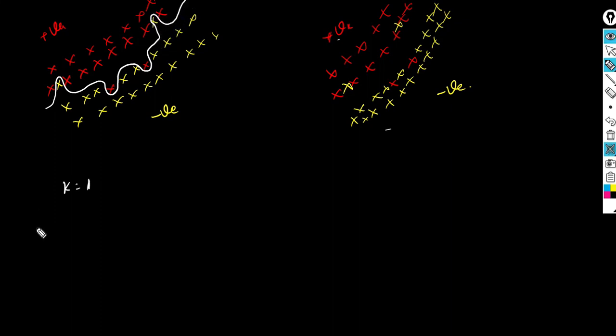Let's assume this is the trained data, and the errors are 0 when we consider this K value.